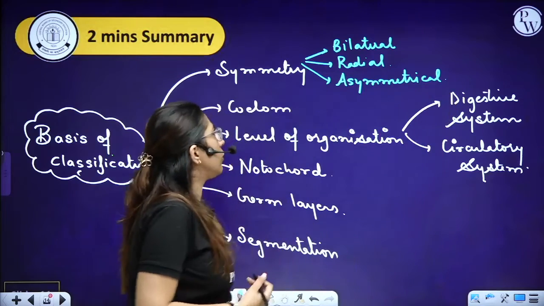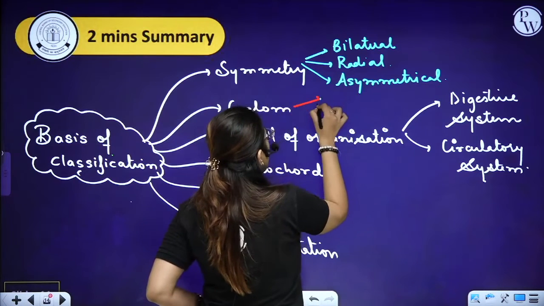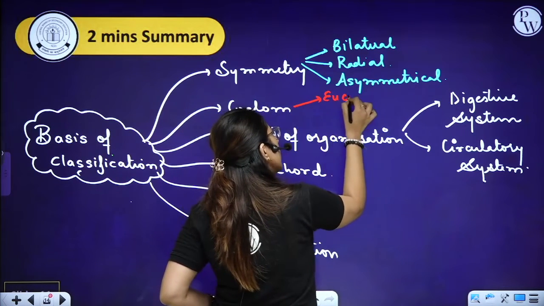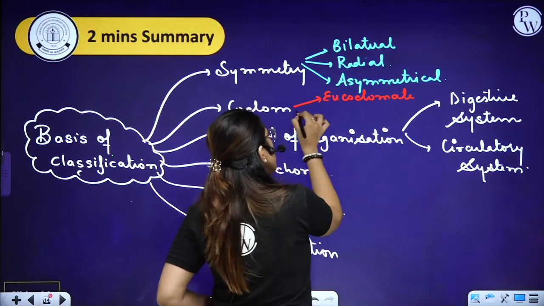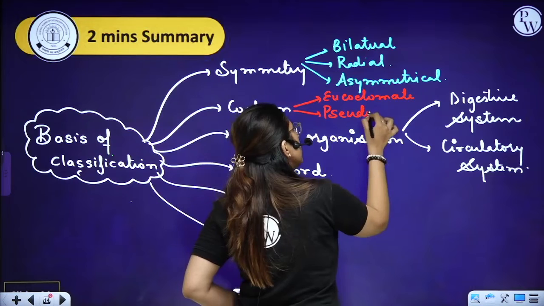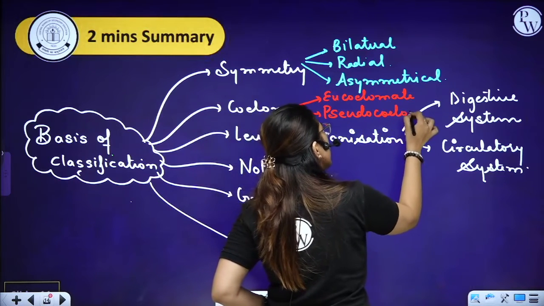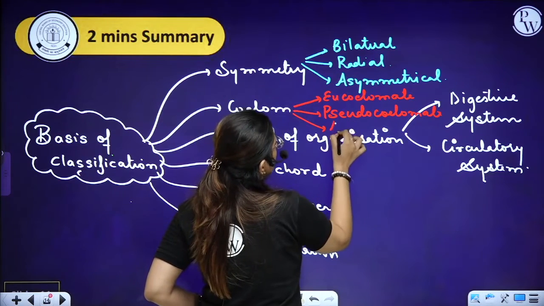Clear? Then we talked about the coelom. So coelom can be eucoelomate, pseudocoelomate, very good example being Ascaris, and the acoelomate.